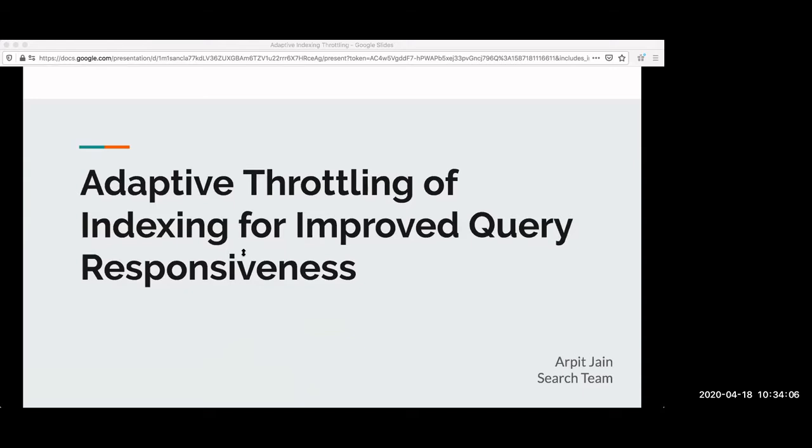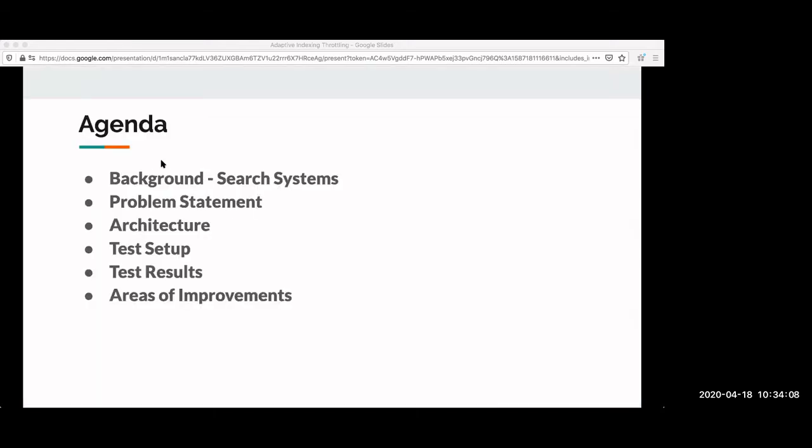Now we'll move on to the agenda for today. First of all, we'll see a little background on how a search system is set up, like what the basic building blocks in a search system are. Then we'll see the exact problem statements we are trying to solve.